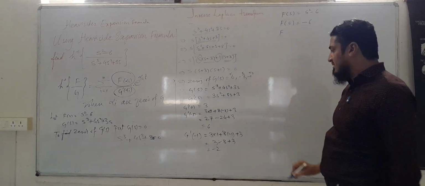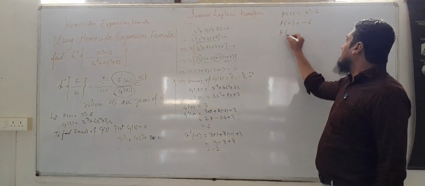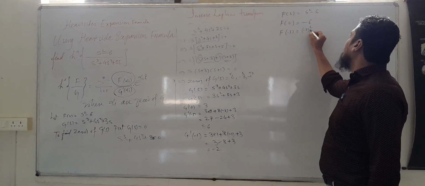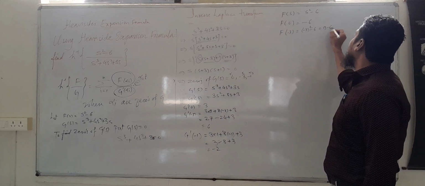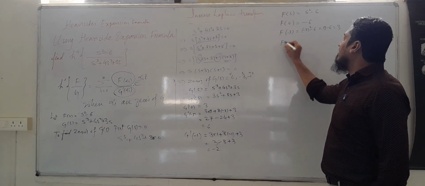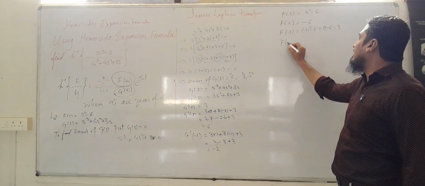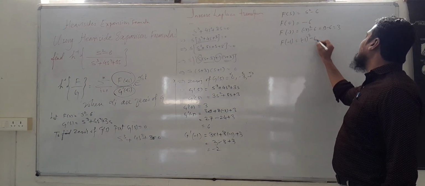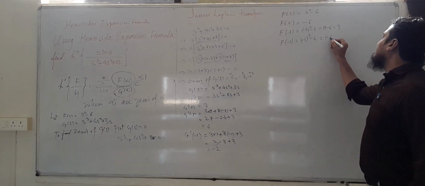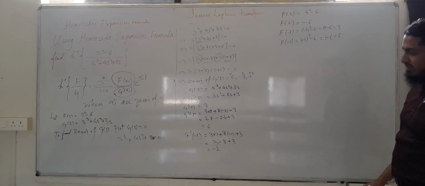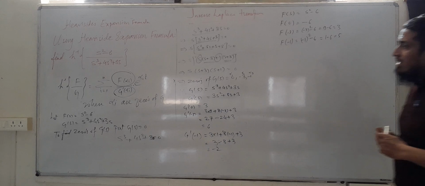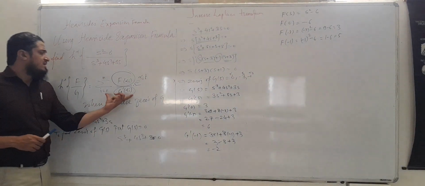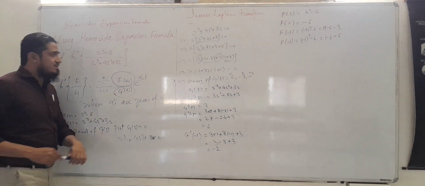F of minus 3 will give us minus 3 square minus 6, which means 9 minus 6, that is 3. And f of minus 1 is minus 5. Now we have all the values which were asked in the right hand side.